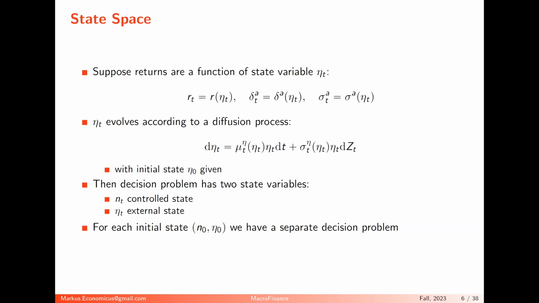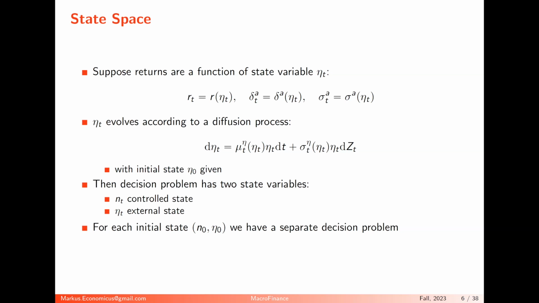And then you, as the decision maker, of course, your net worth is also your state variable, how wealthy you are. That's a little n, your individual net worth. So you have your own controlled state. If you consume more, your net worth is going down going forward. And you also have the other state, which is outside of your control, given by this exogenous process eta.